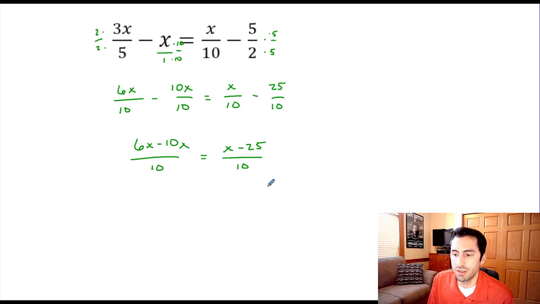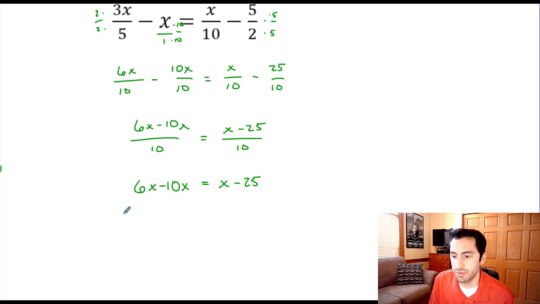Because of this equality, the only way that these two fractions are going to be equal, because they already have the same denominator, is if the numerators are equal. So this is the same as 6 minus 10x is equal to x minus 25. And hopefully that looks familiar. That's what we had our first time through. So we end up with this nice equation that we can solve, and we should end up with the same answer. So negative 4x minus 25 minus 5x is equal to negative 25, and we do get 5 again.